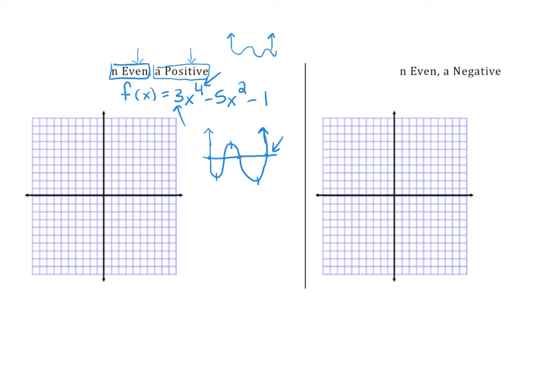And before I even start graphing, I know just by looking at the leading term that as x approaches infinity, y will approach infinity. And as x approaches negative infinity, y will approach positive infinity. Both going towards positive infinity.